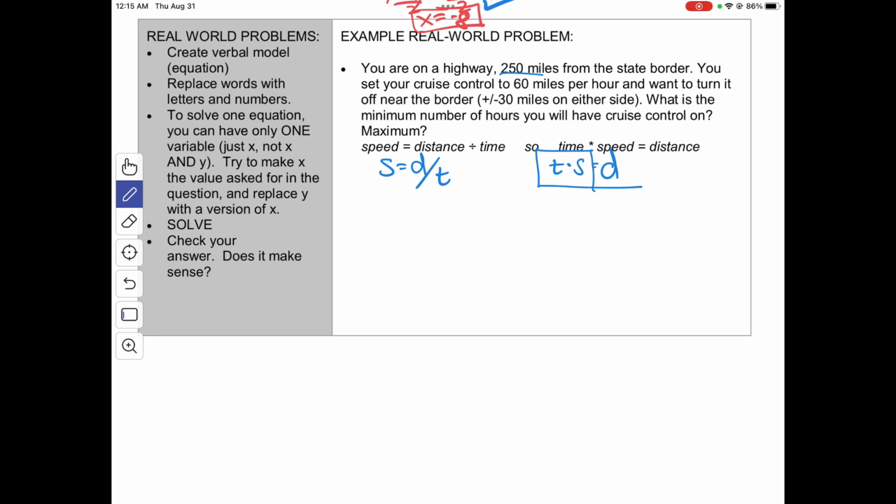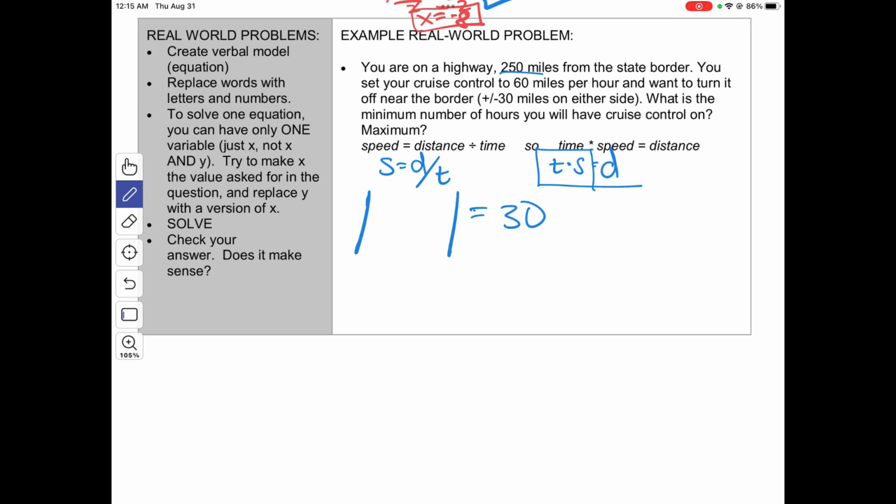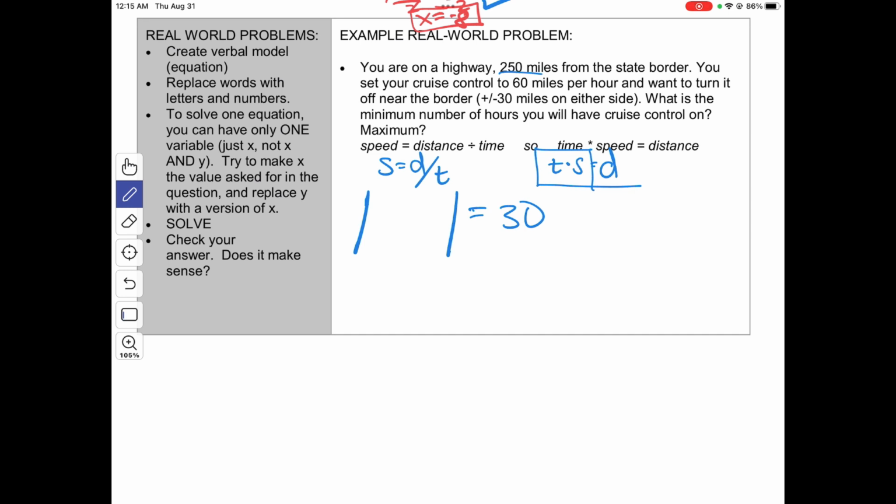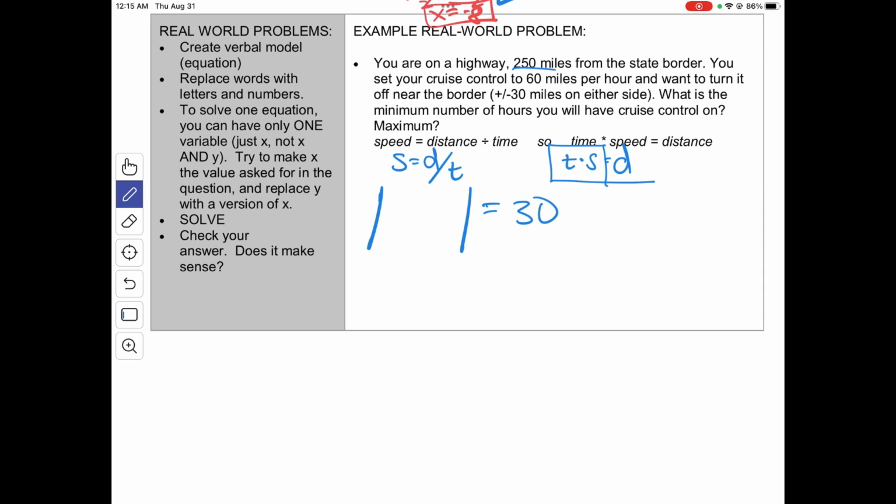So what I'm going to do is set up my equation. It's going to be some sort of absolute value, because I don't care whether I'm 30 miles this side or 30 miles the other side, where my absolute value expression is going to be equal to 30. Now, the distance that I travel, I'm going to be going 60 miles per hour, and that 60 miles per hour is my speed.